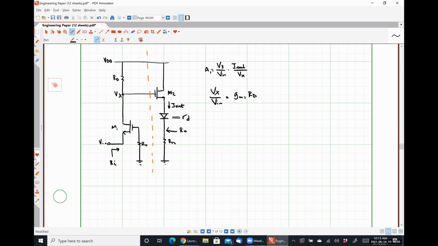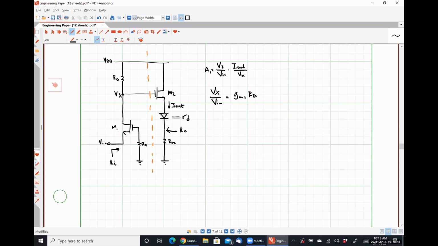is a source follower stage effectively, but we can't simply use a source follower input output relationship because that is a voltage amplifier and we are looking specifically for the output current.